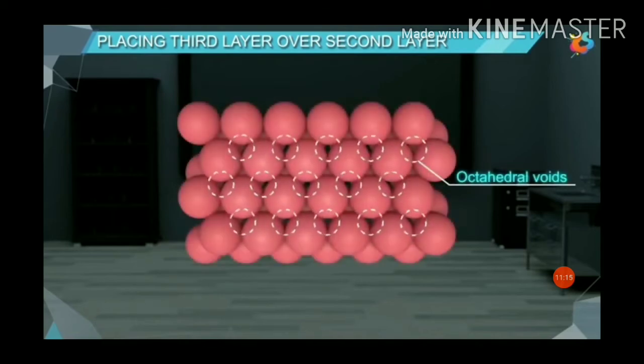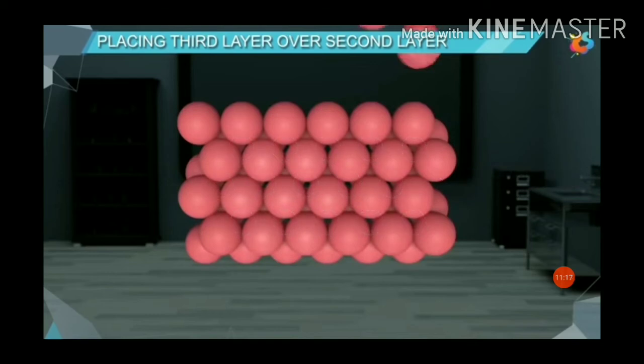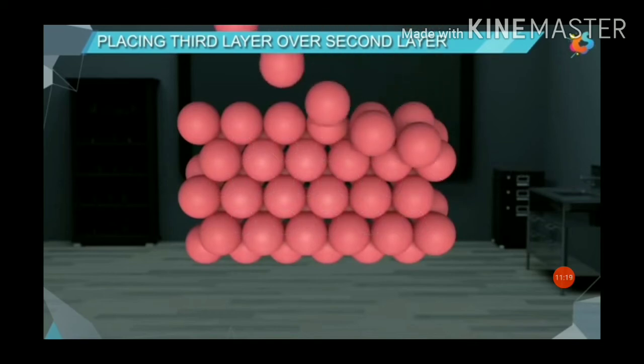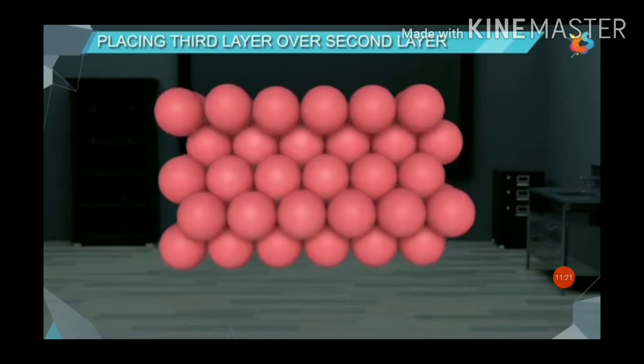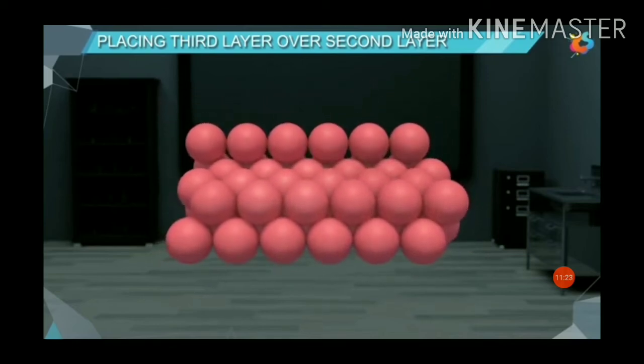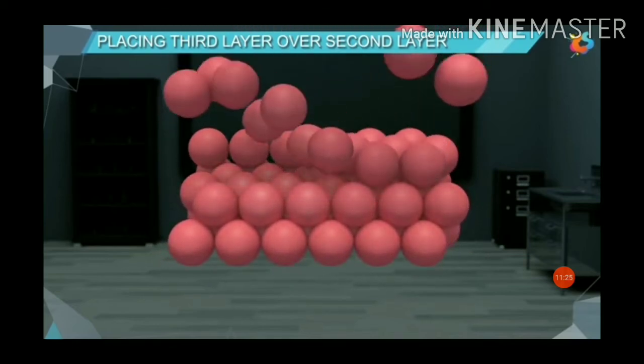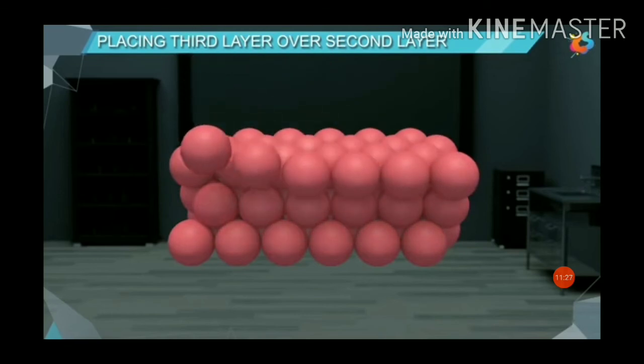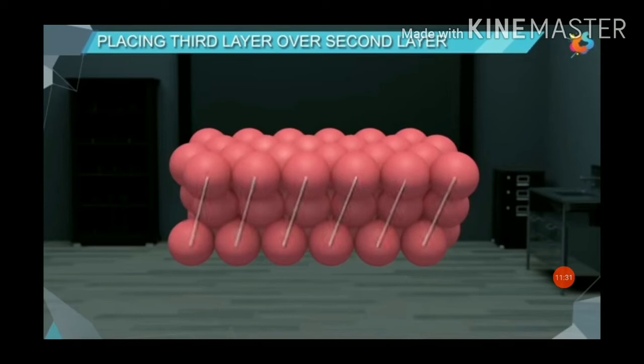The next possibility is covering the octahedral void of the second layer. When placed in this manner, the spheres of the third layer are not aligned with those of either the first layer or the second layer. This arrangement is called C-type.